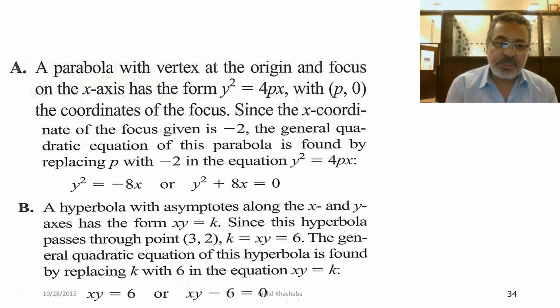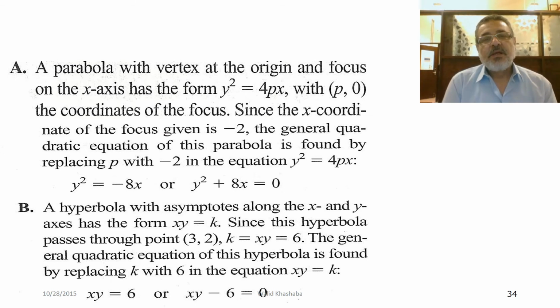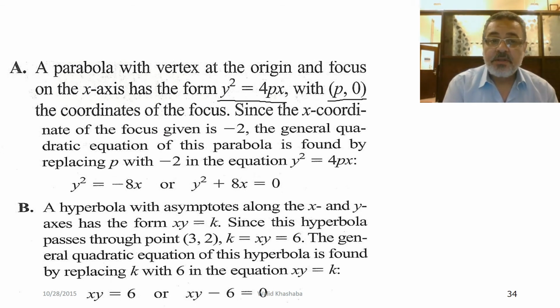Since the x-coordinate of the focus is given by -2, simply we're going to put -2 instead of p. That's it. Direct substitution. All we have to know is this equation and the coordinates of the focus. As you can see, it's very easy.